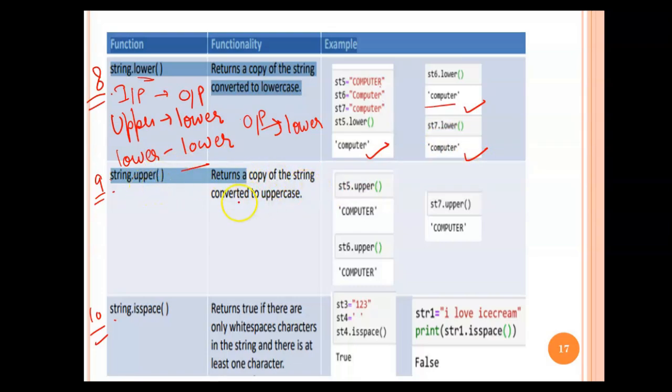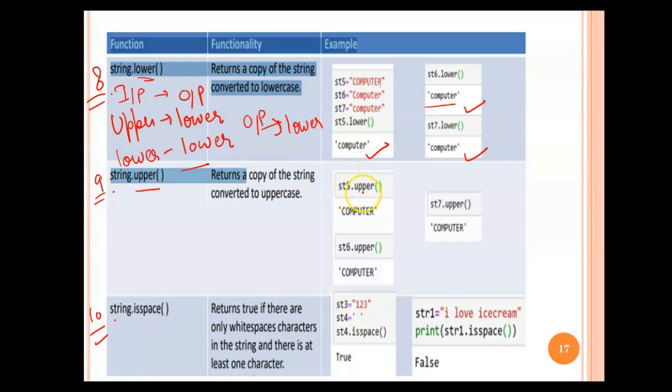Now moving to the next one, we have string.upper. It returns a copy of the string converted into uppercase. The same thing applies: the final output should be in uppercase. If the input is in lowercase, it will be converted into upper. If it is already in uppercase, it stays upper. And if there is a mismatch, the final output is always in uppercase only.